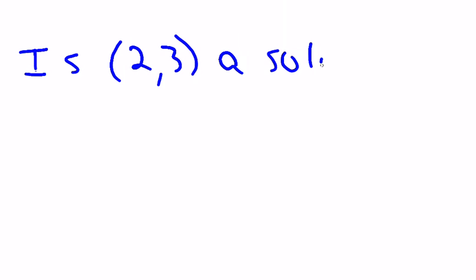So one of the things is that we can also determine if something has a solution by looking at an ordered pair and making sure they work in both equations. So, for example, is the point 2, 3 a solution to the system?